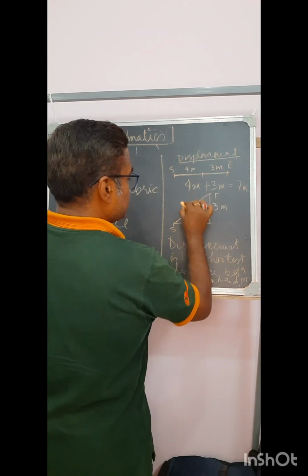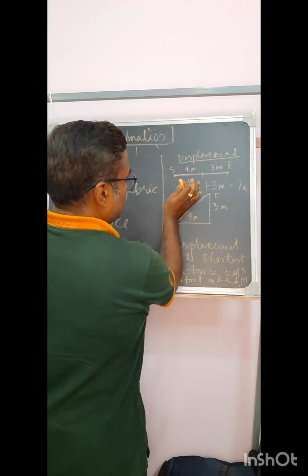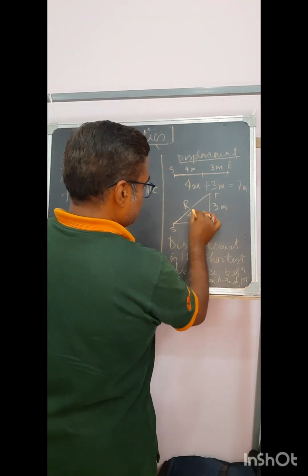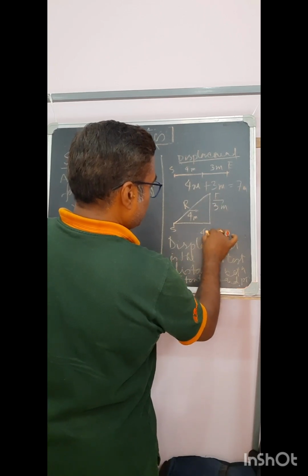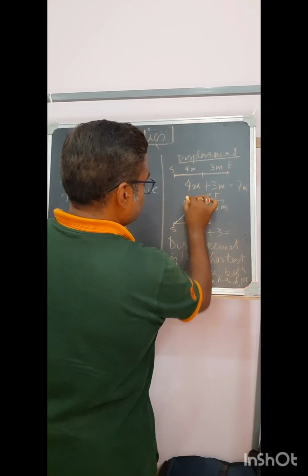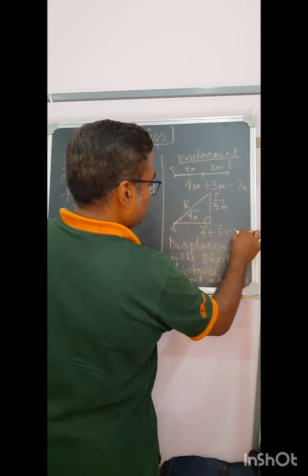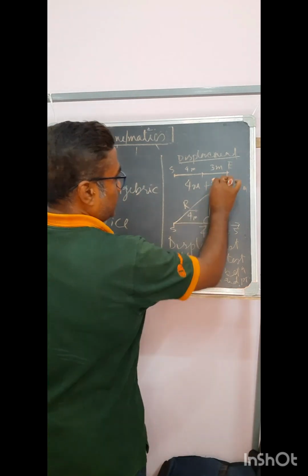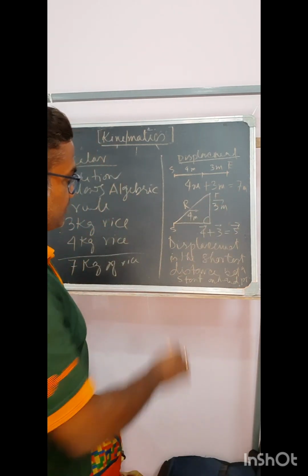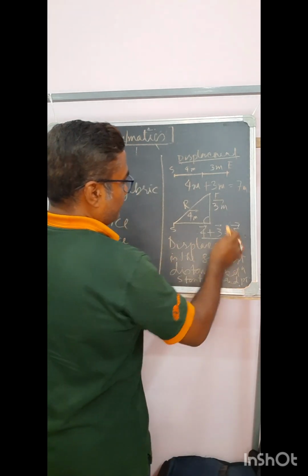So what is this distance? Now say this is the resultant, or the sum of these two vectors. This is displacement, this is a vector. Adding 4 plus 3 here, as per the Pythagoras formula, I will get 5, and the direction will be different. Okay, this is a vector. So here 4 plus 3 together I am getting 5.